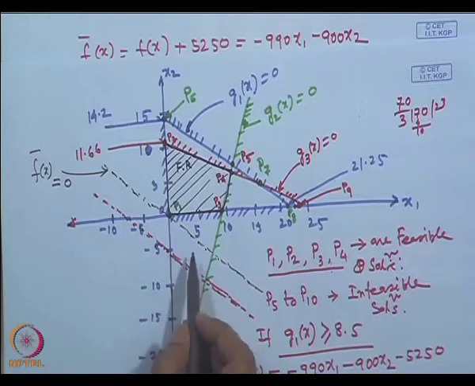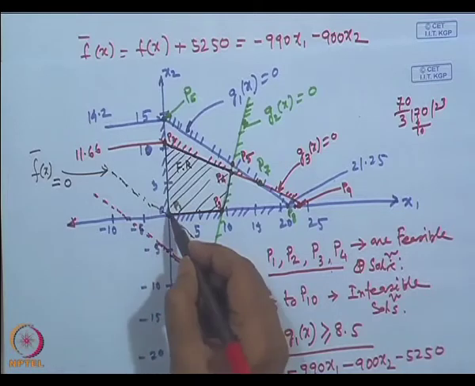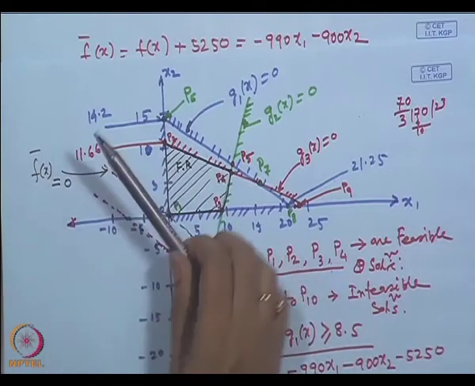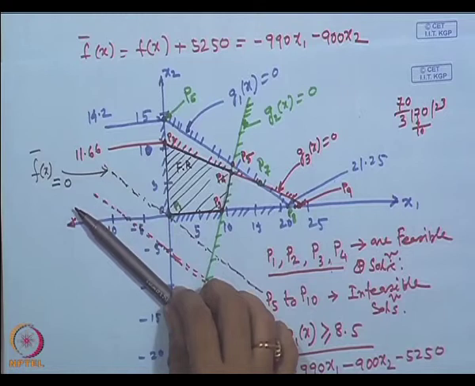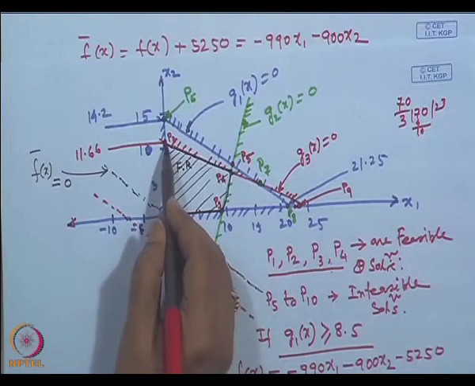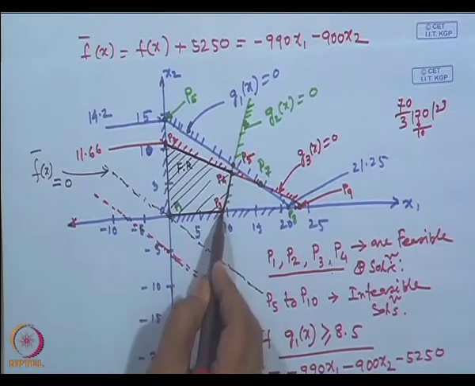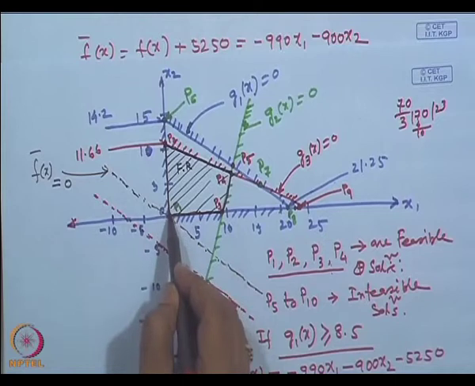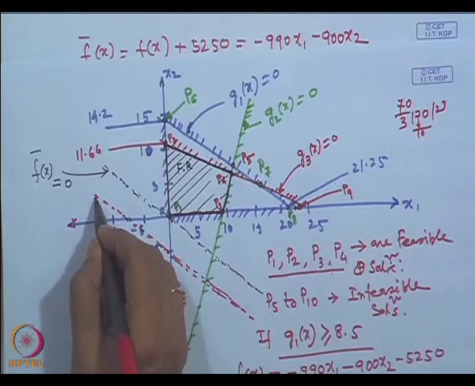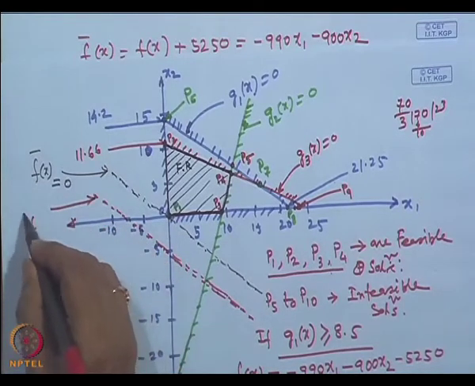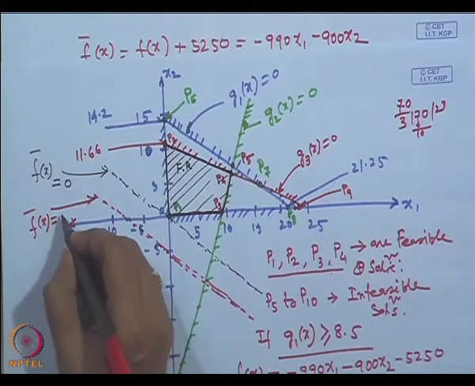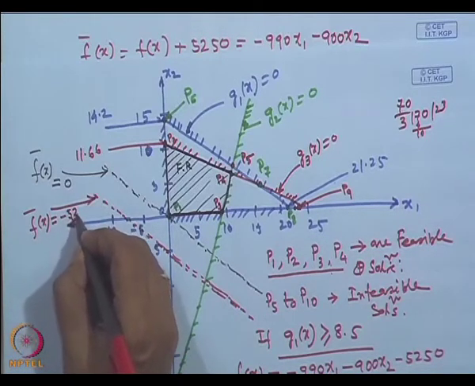So, any point below this line, any line parallel to this one, if you go downwards, that will not give you any feasible solution, because our feasible region is that one. So, let us call this corresponding to f bar of x is equal to minus 5250.